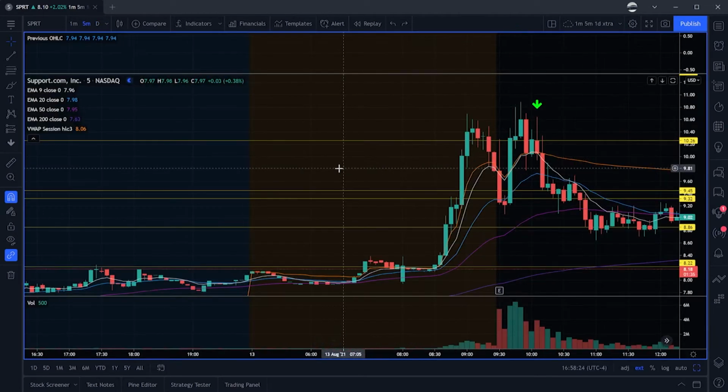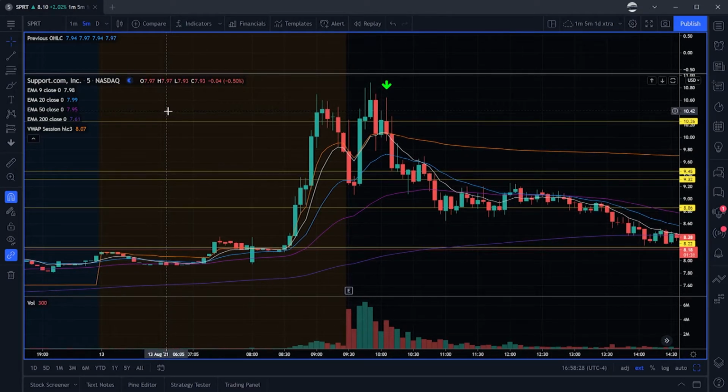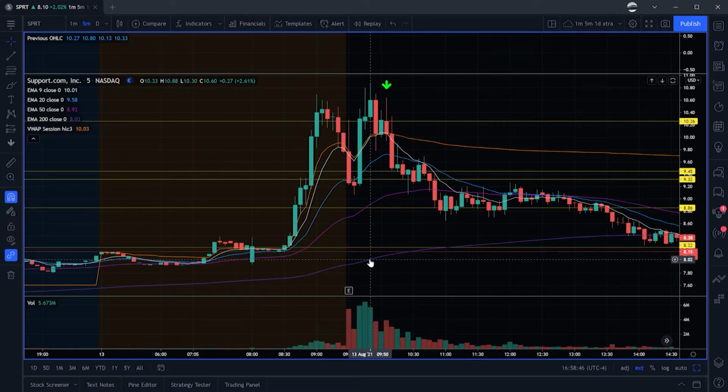Switching to the 5 minute, which is also very similar to the 1 minute chart. We have the 9 EMA in gray, the 20 EMA in light blue, and this light purple for the 50 EMA, and this deeper purple for the 200.